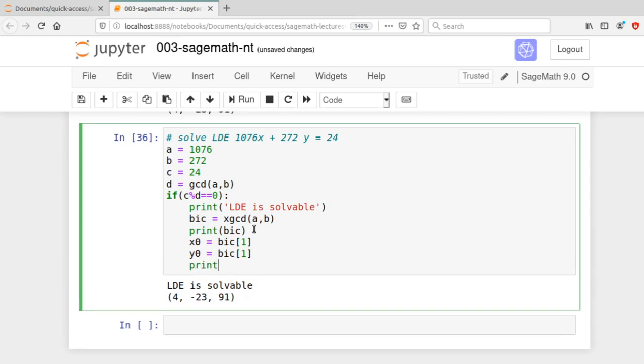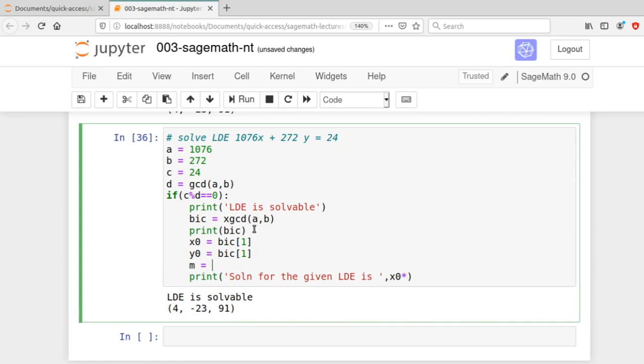So the solution given the LDE, we need to multiply x naught with C by D, because D divides C. Otherwise, we will just write M equal to C by D. The solution is x naught star, y naught star.